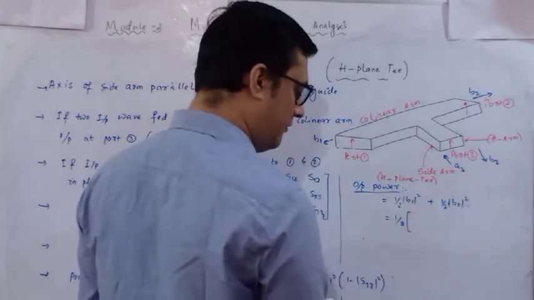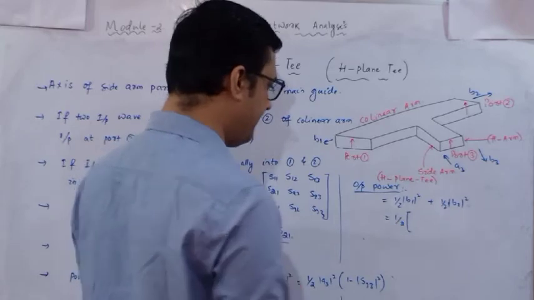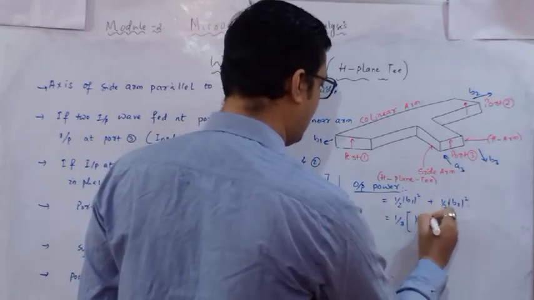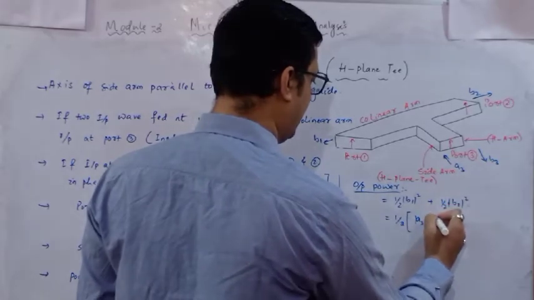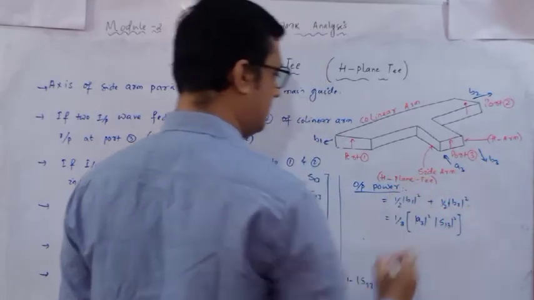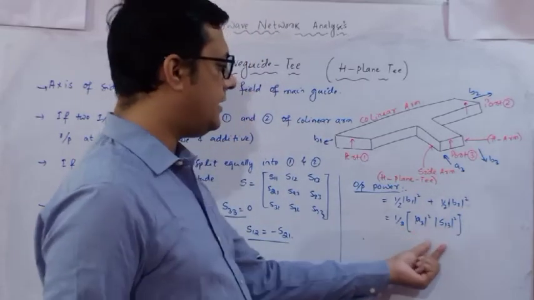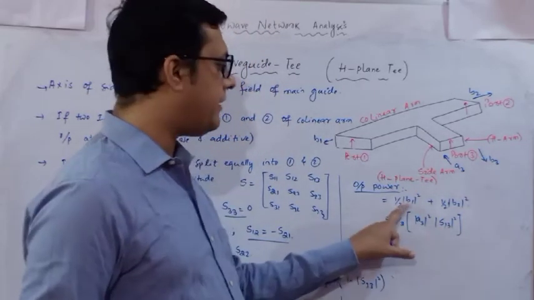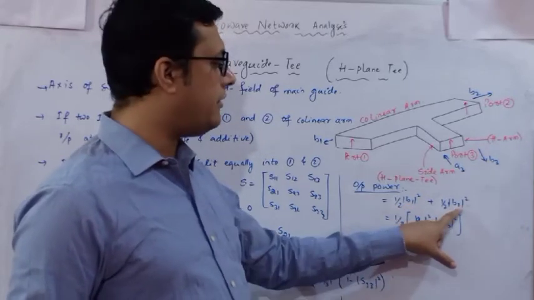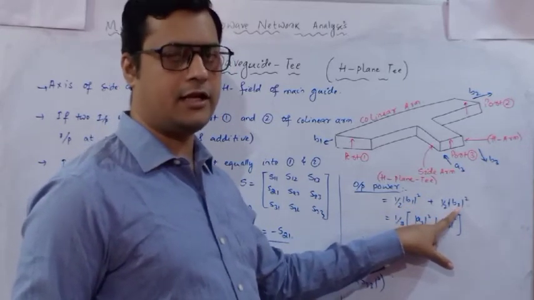So here we will get A3 mod square whole into S13 mod square. Why is it A3 and S13? If I divide B1 by A3, you will get S13. If I divide B2 by A3, you will get S23.